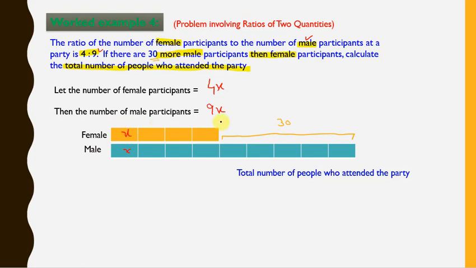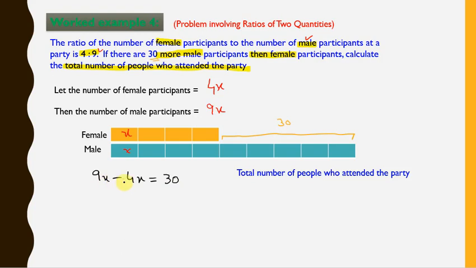So male members are 9x, female participants are 4x, and the difference is 30. That is, there are 30 more male members than female participants.